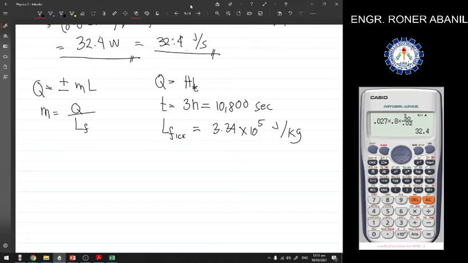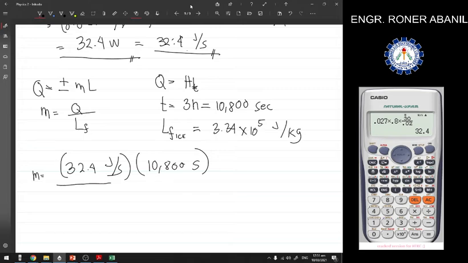Multiply pala to by time. Yung H natin is 32.4. So, galing dito, yung M natin is equal to HT. 32.4 joules per second multiply by 10,800 seconds.